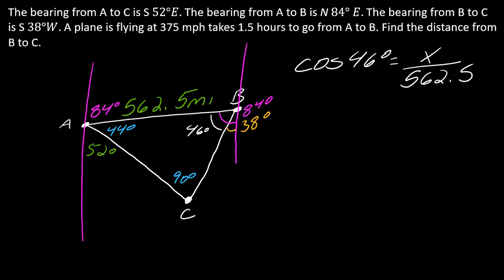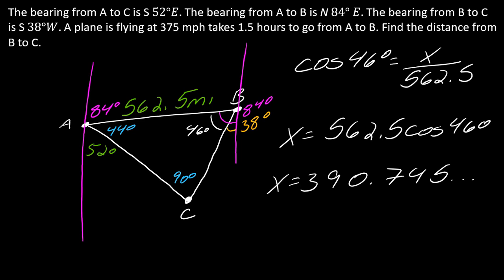Okay, and so then I can just go ahead and solve for that. So I would take 562.5 times cosine of 46 degrees, and I get this decimal, which you'd want to round again for your sig figs, which actually I think I should have labeled that round up 1. My bad. Okay, so there you go. So that is it for that one.